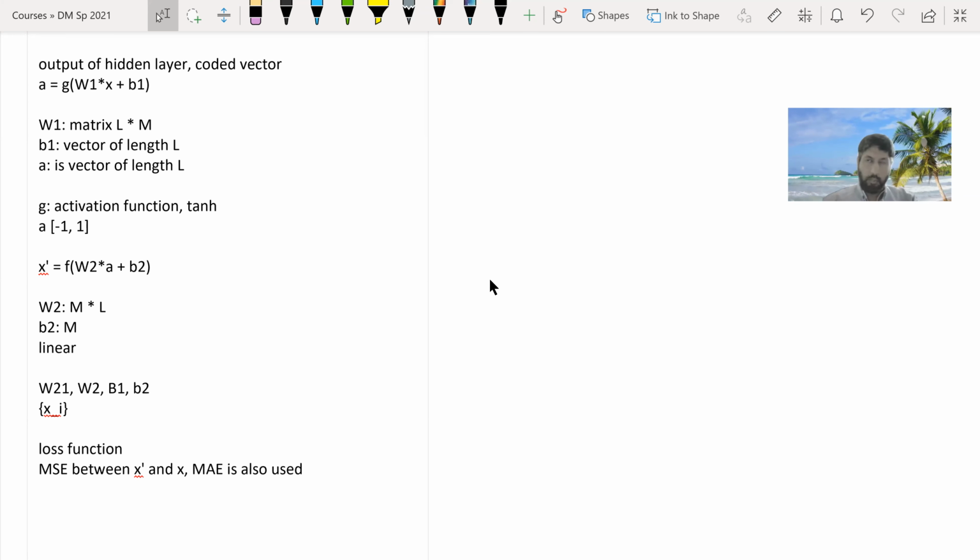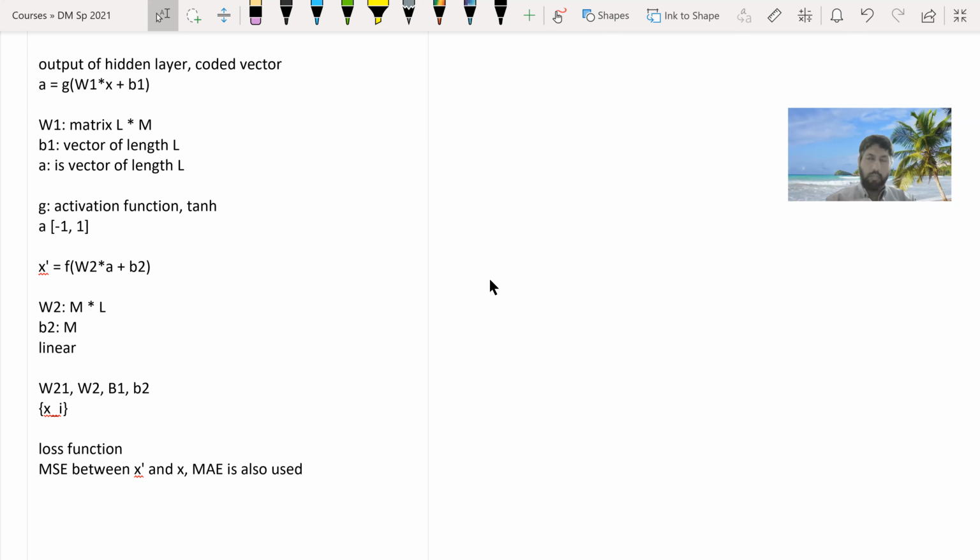It goes through some encoding, some embeddings, of smaller dimensions. Of course, this transformation through the hidden layer is nonlinear, and we have some parameters, W's, which are matrices, and B, which are vectors.